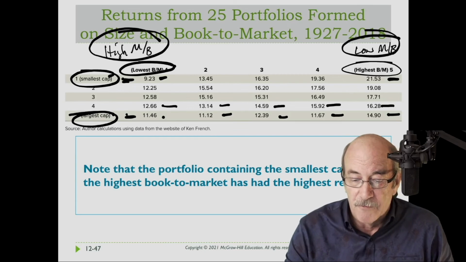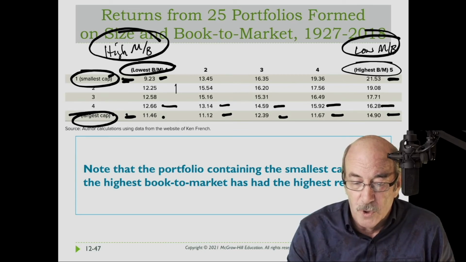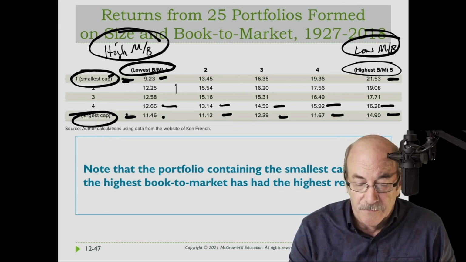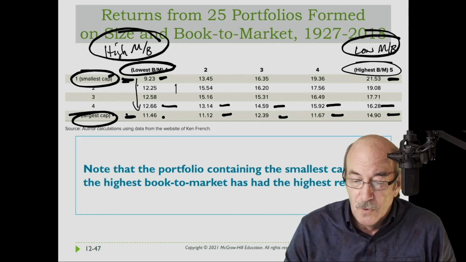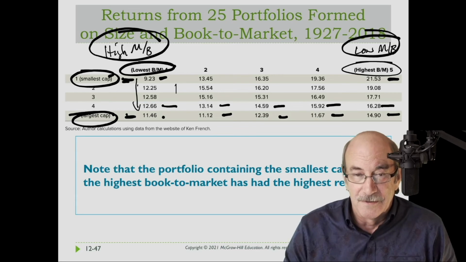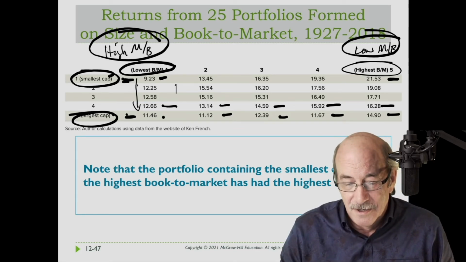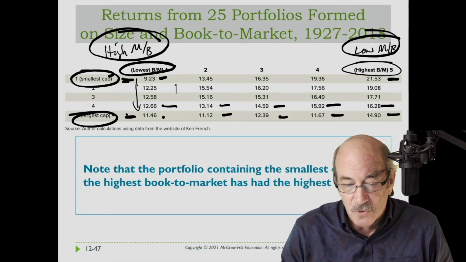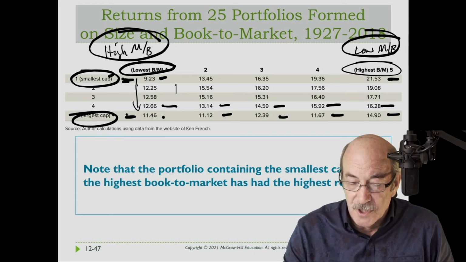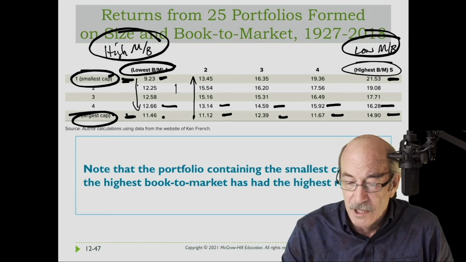Certainly a trend. If we go the other direction, let's pick one column and go from small cap to large cap. Well, in that one there's nothing going on. In these growth firms. But if we go to some of the others, we notice that it starts off low and it increases, not monotonically, but it increases. Here it's more clear.